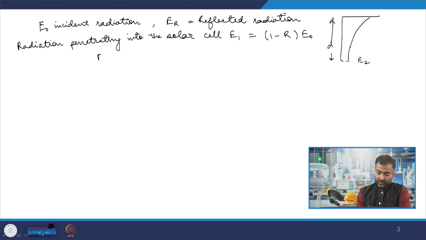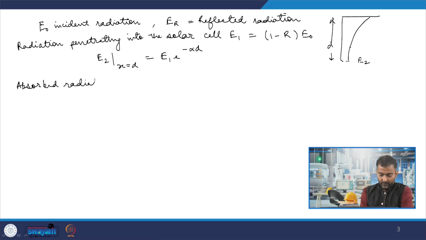So E2 is the radiation at x equal to D, and this is equal to E1 e to the power minus alpha D. And if I look at the absorbed radiation, the radiation which is absorbed in the solar cell, that will be nothing but the radiation which penetrated inside the solar cell, E1, minus E2, because ER had already got reflected at the top surface, E1 entered the solar cell, and out of that E2 is still remaining at the bottom of the solar cell.